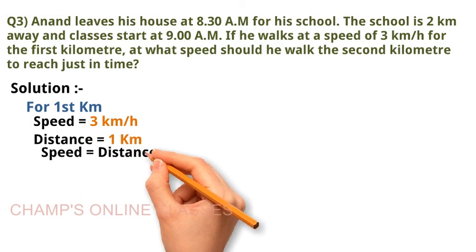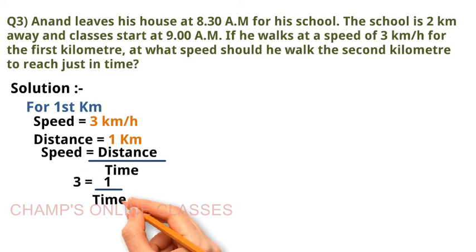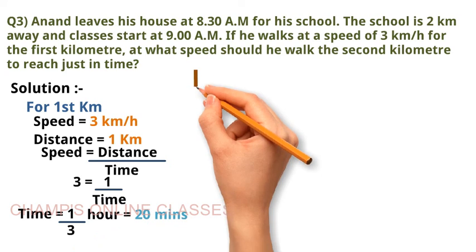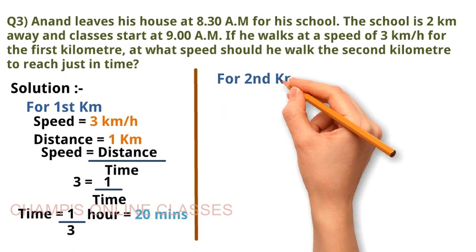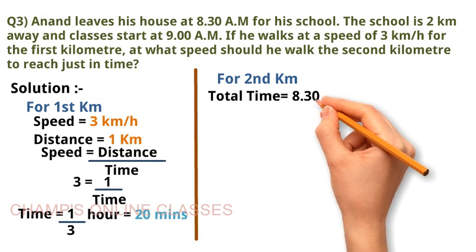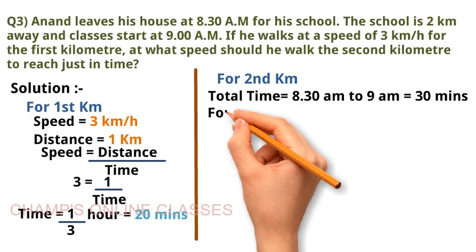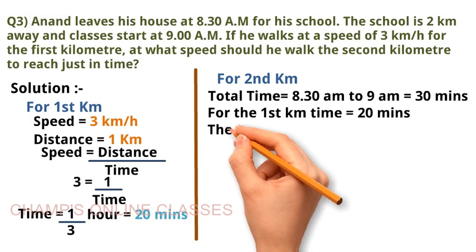So using the formula of speed, that is distance upon time, we get time as 1 by 3 hour, which is 20 minutes. Now the total time he took to cover the distance from his house to the school is 8:30 a.m. to 9 a.m., which is 30 minutes. For the first kilometer, he took 20 minutes.